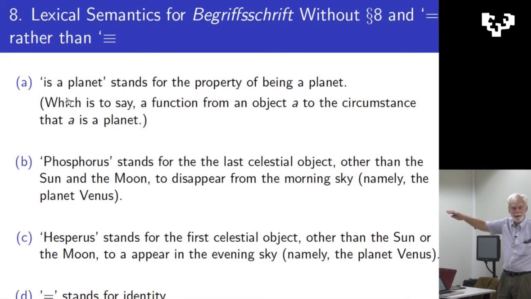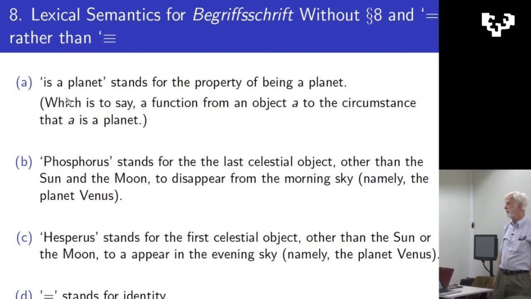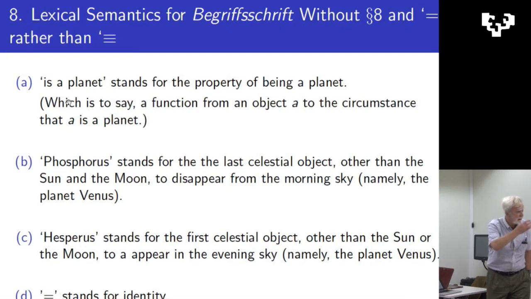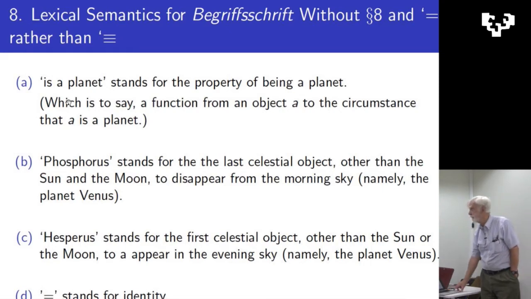That will be the information. It may get there by giving you the mode of determination, but the fact here is that phosphorus stands for a certain planet, Venus. Of course, on sense and reference, when you look at the lexicon for that, the last part won't be there. It'll just be the sense, okay. "Hesperus" stands for the first celestial object, and we're ignoring section 8. I'm claiming he can solve all of his problems without this funny section 8. So 2 bars just stands for identity.